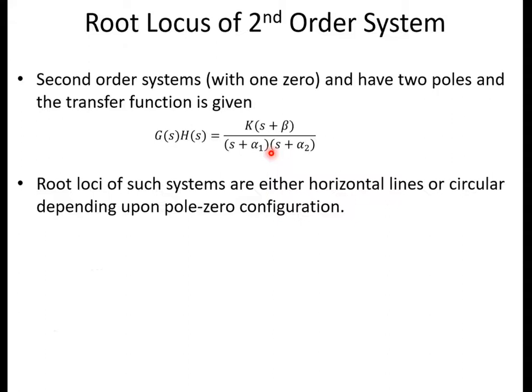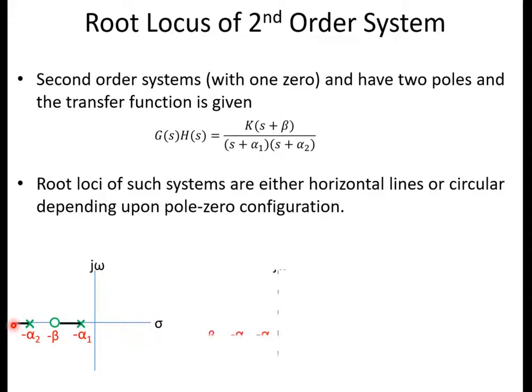Depending on the pole and zero values, that is, depending on the beta value: if the beta, or the zero, exists in between alpha 1 and alpha 2, so it is greater than alpha 1 and less than alpha 2, then it will be like this. That is, here, this one starting from minus alpha 1 will end here, and here, from minus alpha 2, it is going out.